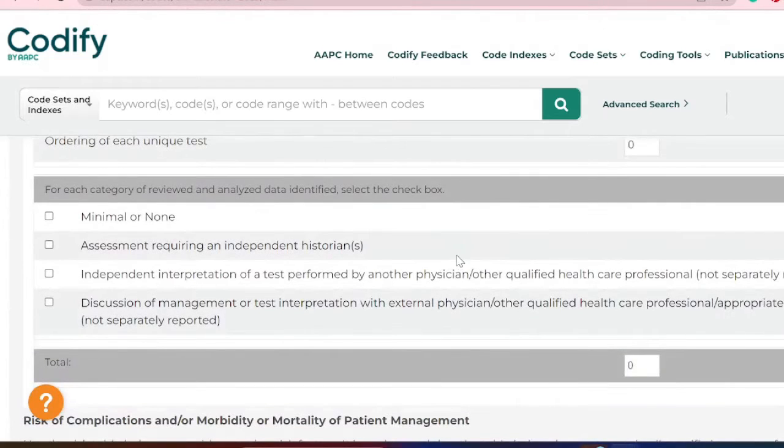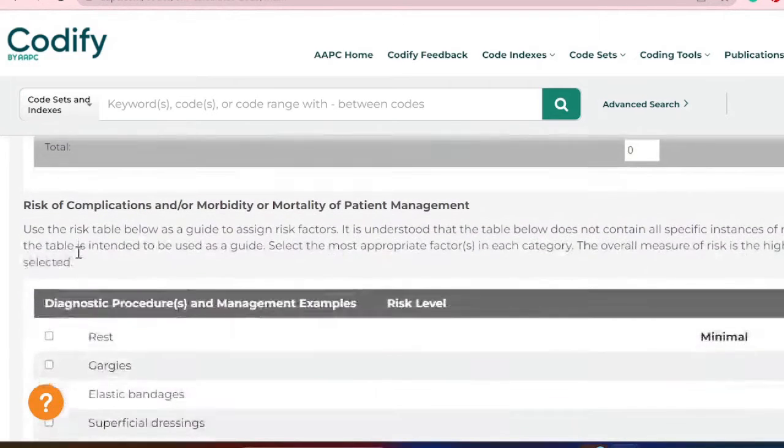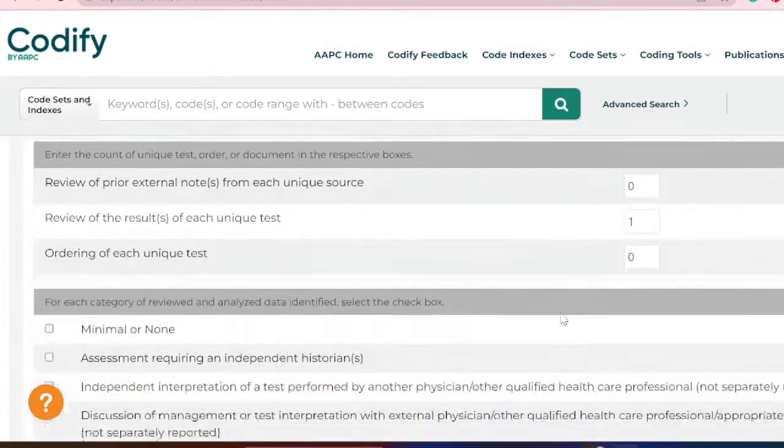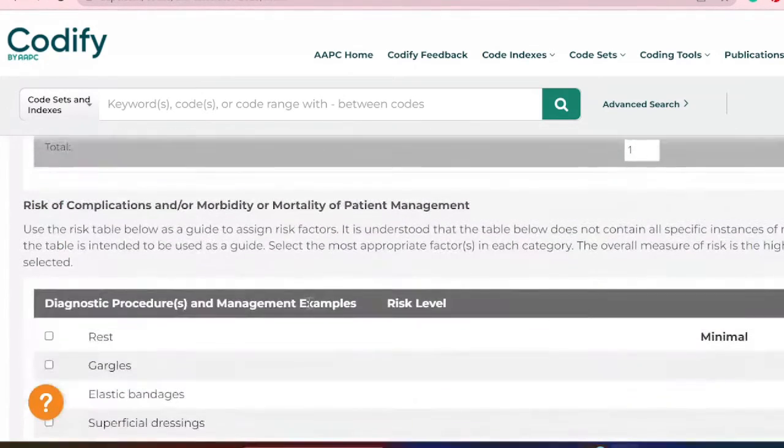There was no documentation here for independent historian discussions, independent interpretation of tests with another provider, discussion or management. Nothing was really there that meets any of these criteria. It's a pretty straightforward one. If we did, it would come up with our totals down here. And here we just have the one.